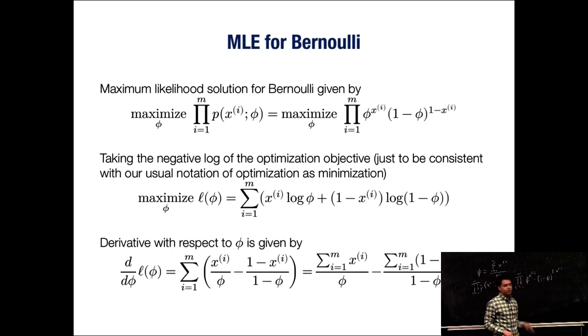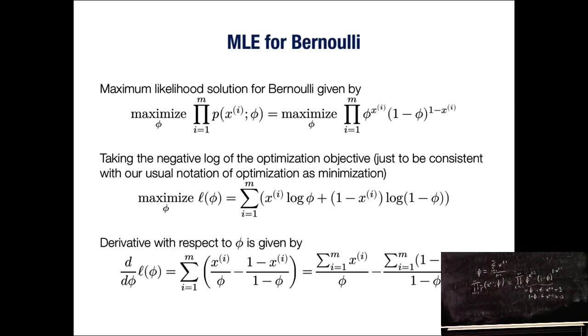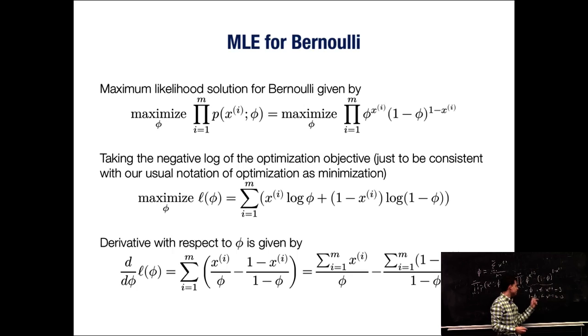Otherwise, this is equal to 1 minus phi. So in other words, this whole thing is equal to phi if xi equals 1, and 1 minus phi if xi equals 0. Just a handy way of writing that, which is exactly what we want. The probability of it being 0 is 1 minus phi, and the probability of 1 is phi.